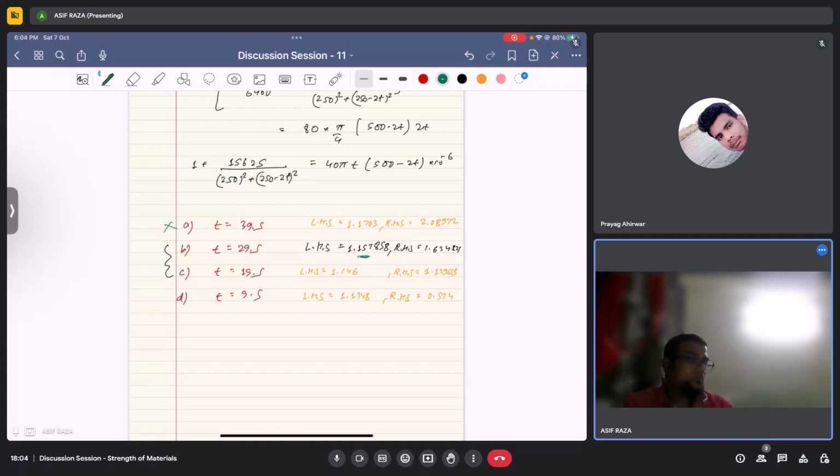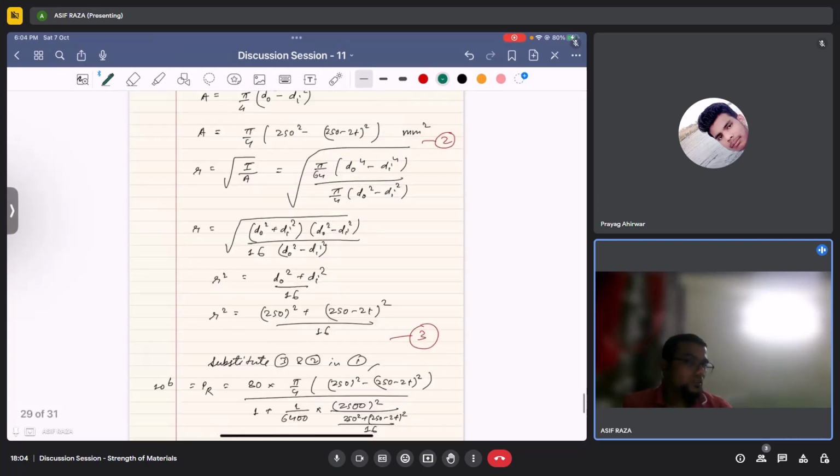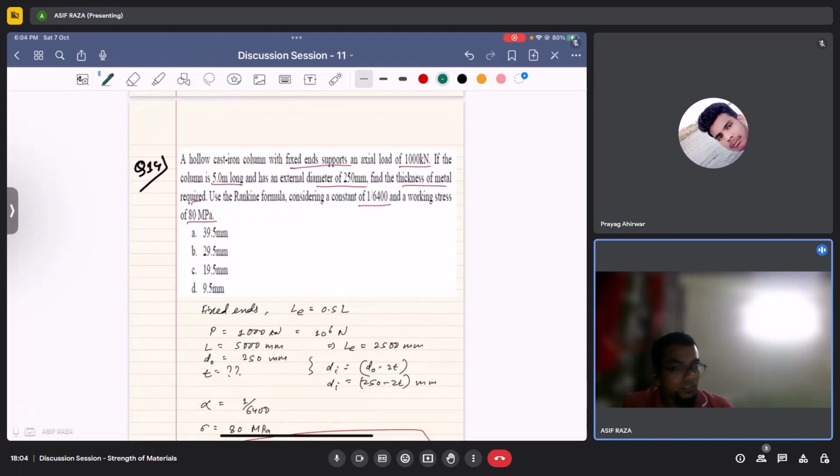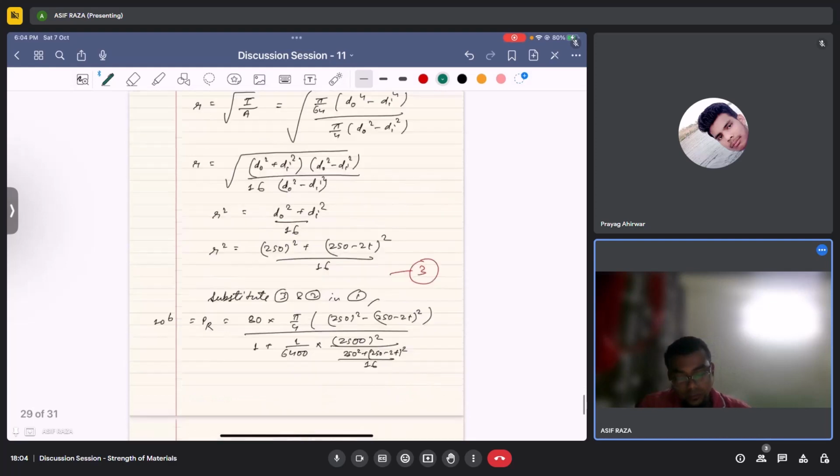Out of these two options, one of them is correct, and as I recall, the answer comes out to be option B, 29.5. But it's best you look up how to do this.